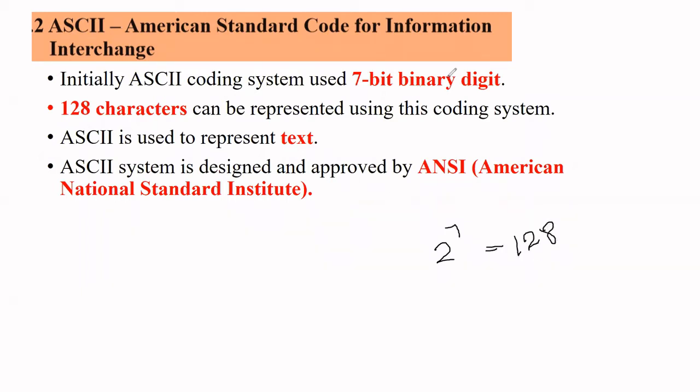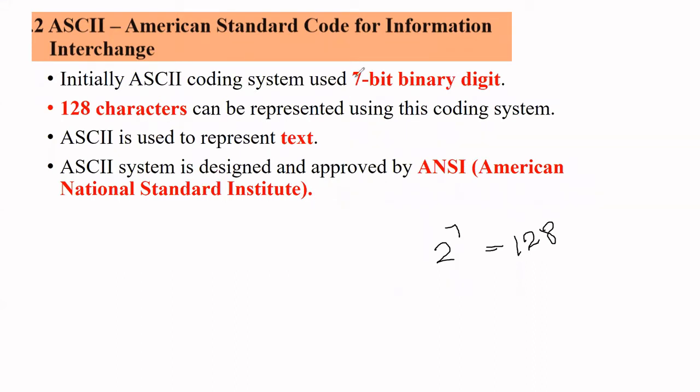That is very important. Now 128 characters. ASCII is used to represent text. Text means numbers, emojis and all; we can consider them as text. The ASCII system was designed and approved by ANSI, normally the American National Standards Institute. Okay, so those are the important things.